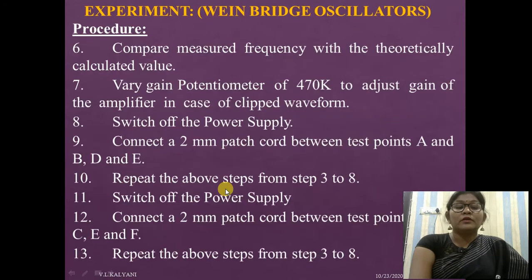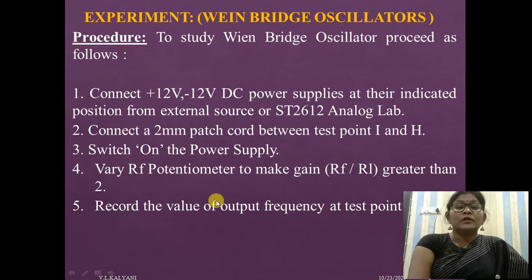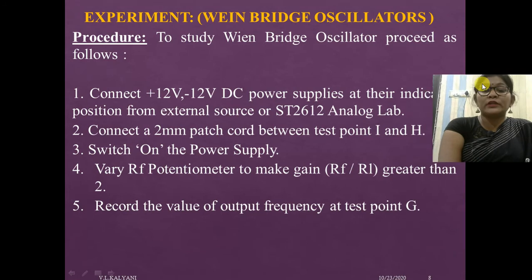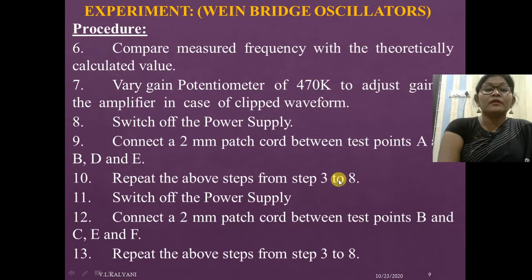Now record the value of output frequency at test point G. The next step is compare the measured frequency with the theoretically calculated value. Here the potentiometer, or we can say variable resistance, having a 470 kilo ohm value, is used.